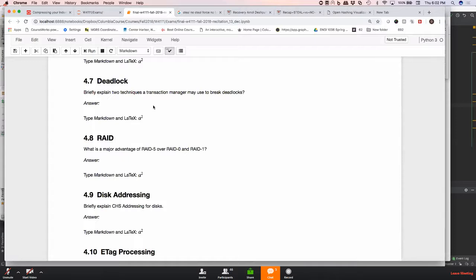So basically the overhead's 100%. 25%? No, it's because I've got 4 data blocks and 1 parity block. So it's 25%. Yes, I know, but however, it's RAID 5.